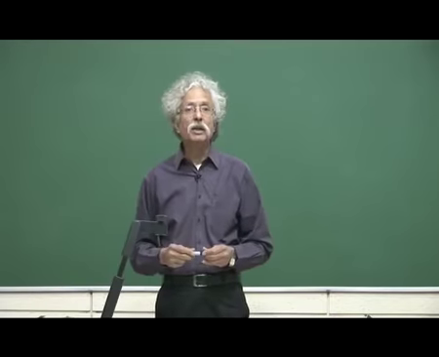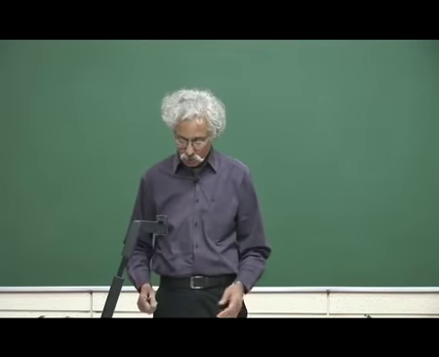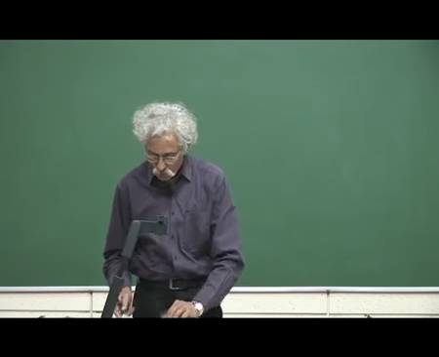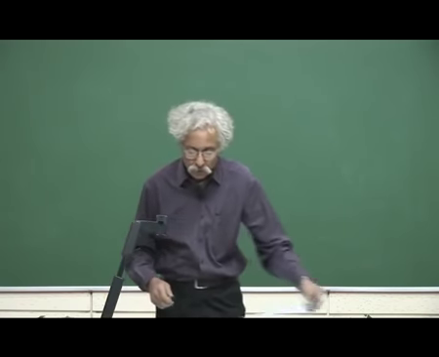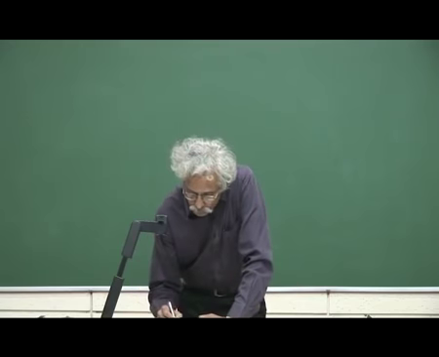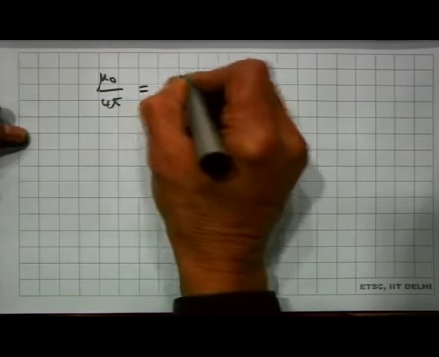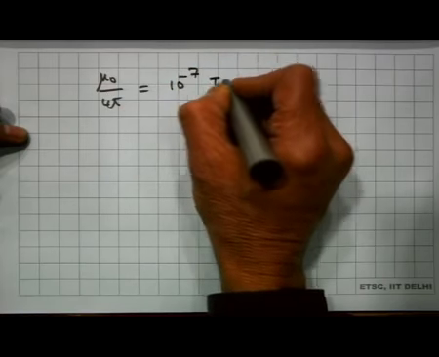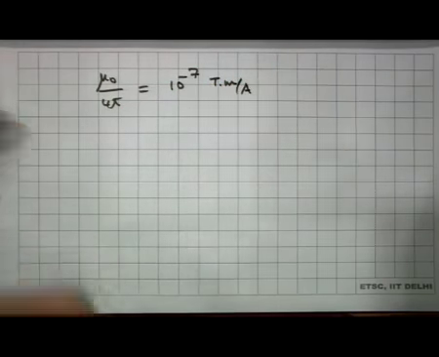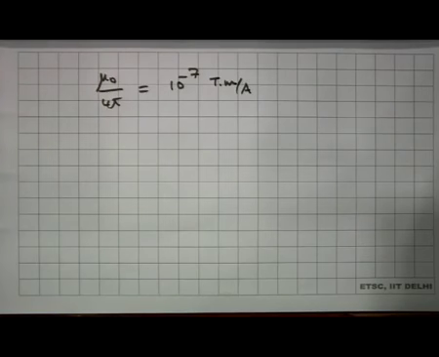Here we introduce another quantity called mu 0, the permeability of free space, and this quantity mu 0 by 4 pi is defined to be 10 to the minus 7 Tesla meter per ampere. So that's by definition. The constant mu 0 by 4 pi is 10 to the minus 7 Tesla meter per ampere, and mu 0 is a constant of proportionality.